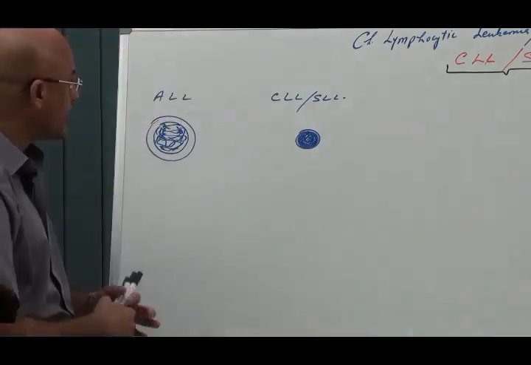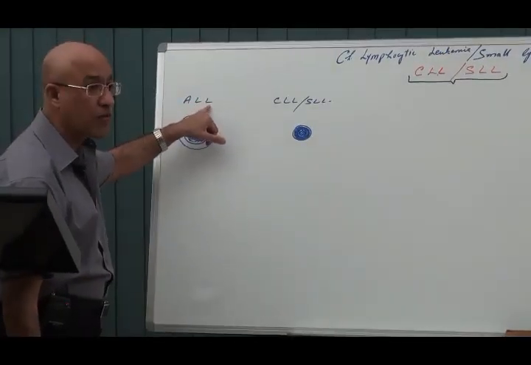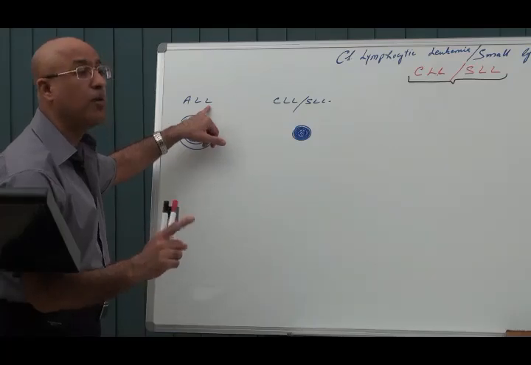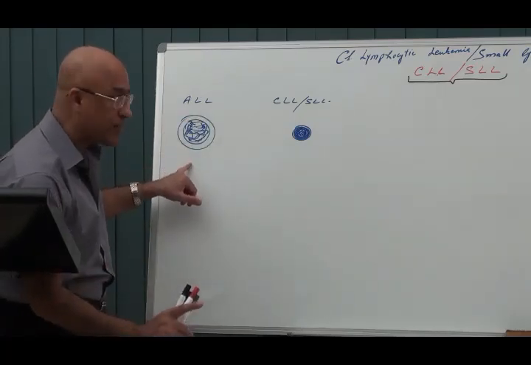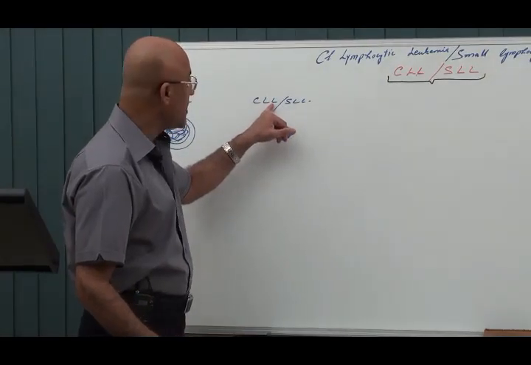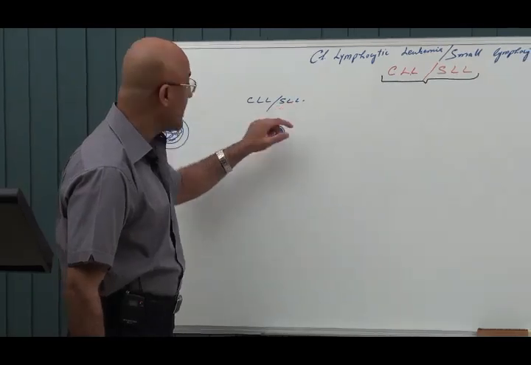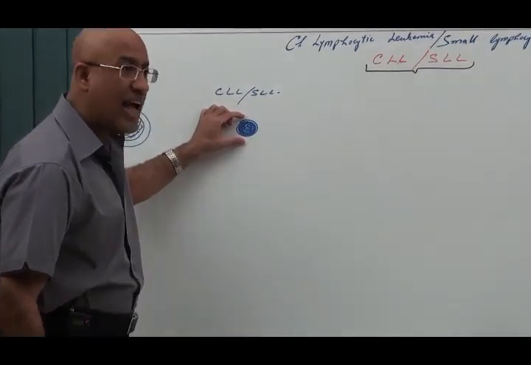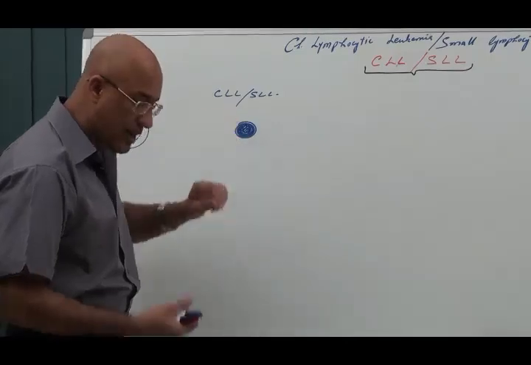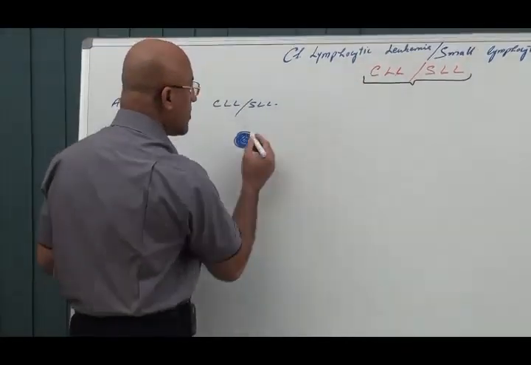So first I made the difference that when we talk about acute lymphoblastic leukemia, lymphoma, we are talking about lymphoblastic cells which are rapidly proliferating. And when we are talking about chronic lymphocytic leukemia / small lymphocytic lymphoma, here the cells are small, less rapidly dividing and mature looking. So what are these cells?